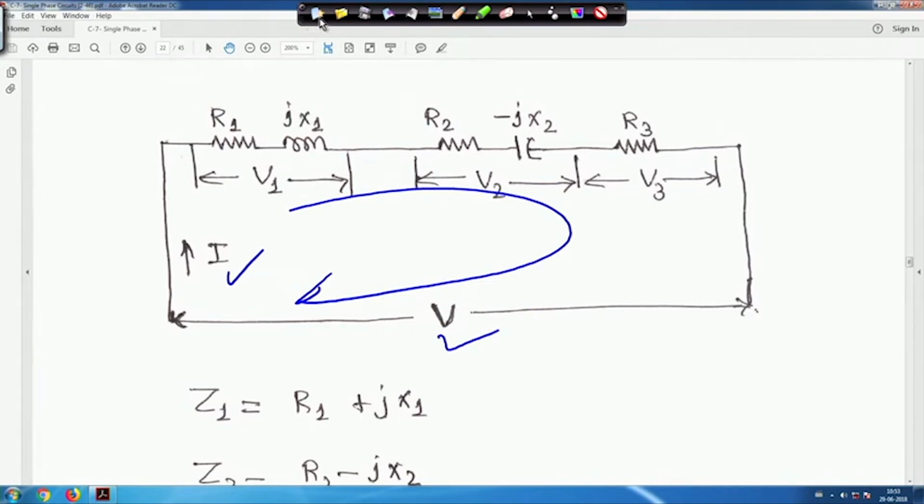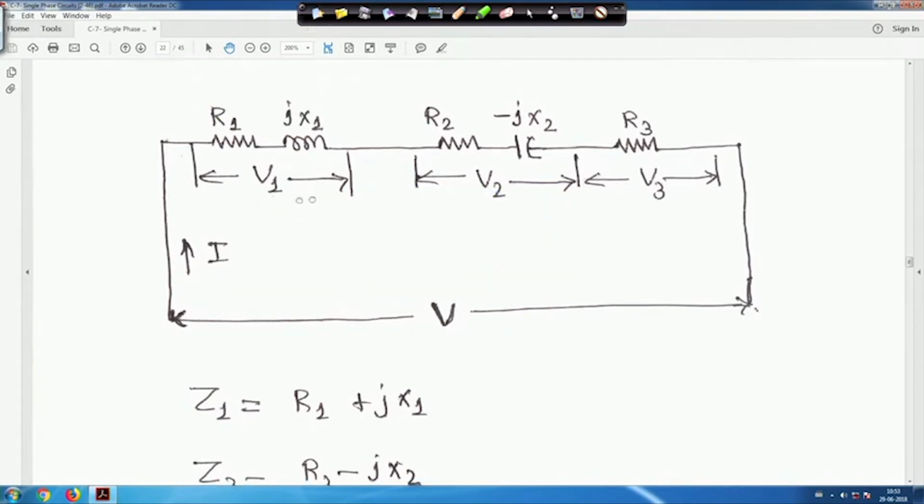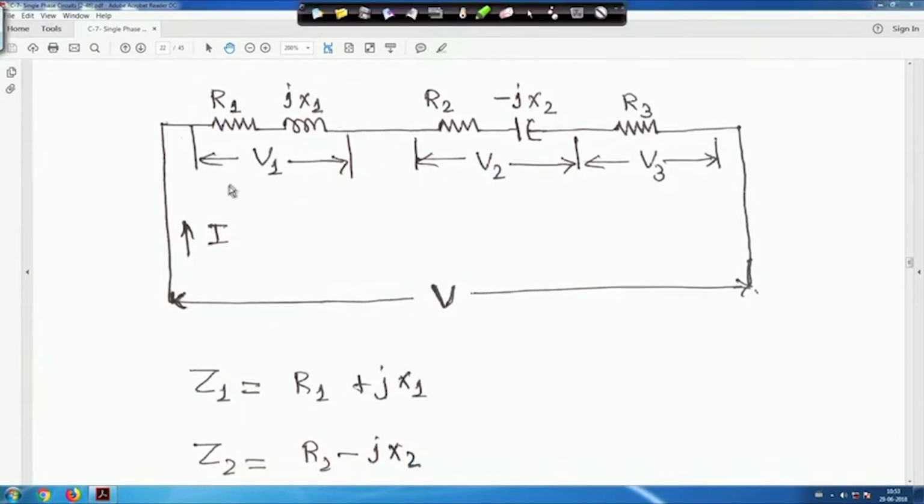So when you solve this one, first you draw the circuit, then you look at what has been given.